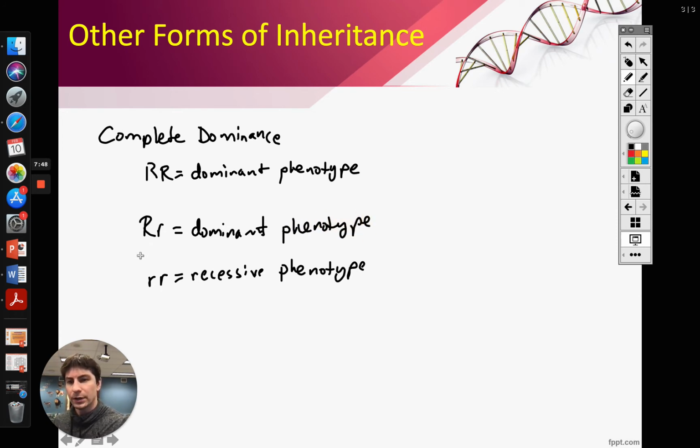When we talk about complete dominance, what we're saying is that the big allele, the dominant allele, the big R, is completely dominant over the little r, the recessive allele. Since that is the case, we have the heterozygous genotype showing the dominant phenotype.